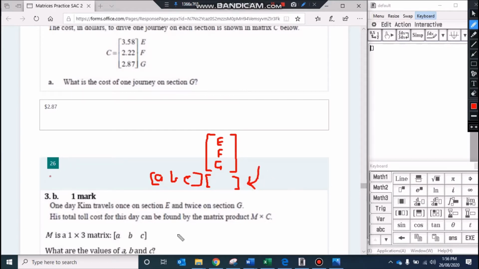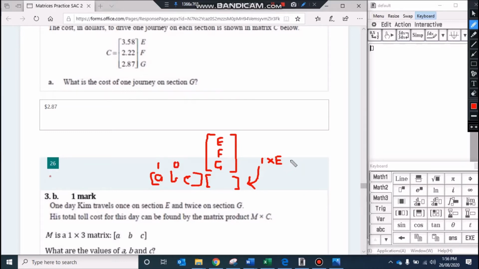So we've got Kim travels once on section E. So whatever the cost is for section E, we want to multiply that number by 1. So we know A is going to be 1. It's going to be 1 times E. Then we know that Kim travels twice on G. So he hasn't traveled anywhere on F. So whatever the F value is, we want to multiply it by 0.